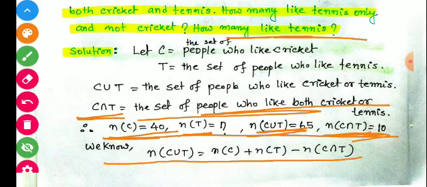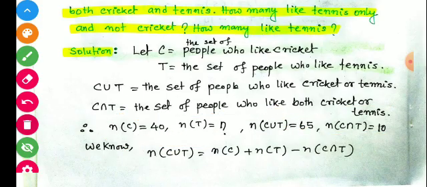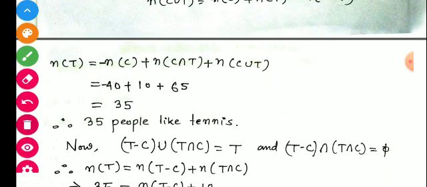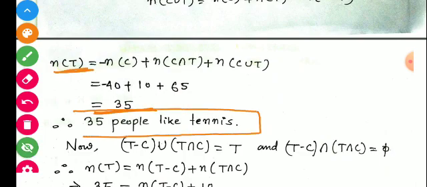From the union formula, the cardinality of C union T is the cardinality of C plus the cardinality of T minus the cardinality of C intersection T. Putting in the values, we get n of T equal to 35. So 35 people like tennis. This is the first answer we got.